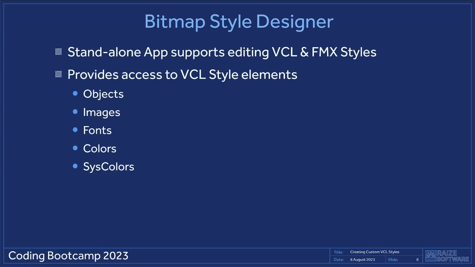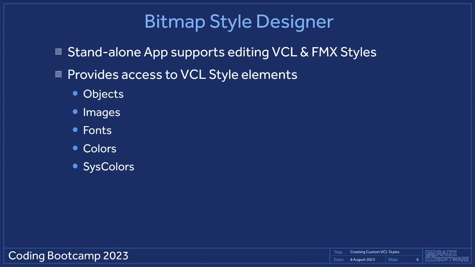So the next thing that we want to talk about, when we're talking about customizing a style, we have to talk about the Bitmap Style Designer. That's how we do the customizations, aside from the coding things I talked about. This is where we can get access to the individual style elements that are used for the various components and controls in our application.